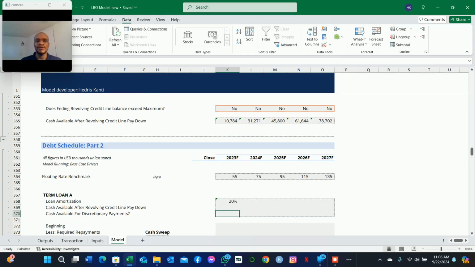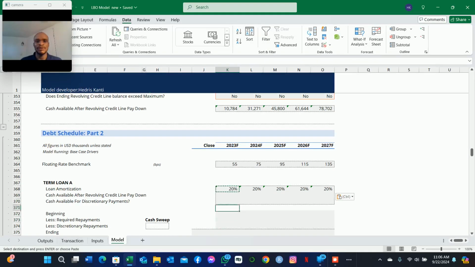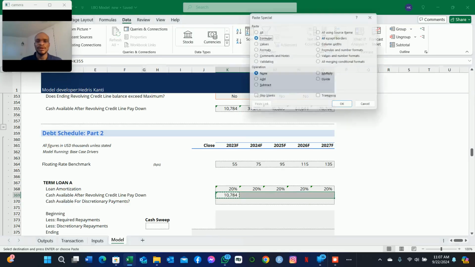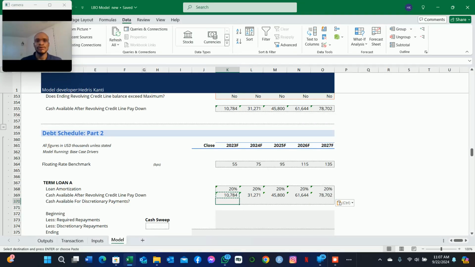So we have it set up there, 20%. And then the cash available after the revolver credit has been paid, we already calculated that here. That's the cash available to pay this tranche of debt after the revolver has been paid.